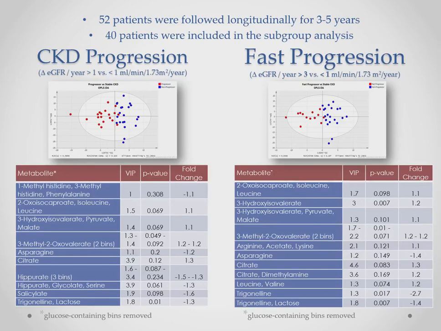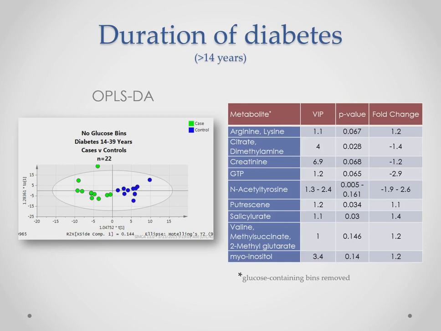So that was interesting. Of course, if we are talking about diabetic nephropathy specifically, then our real control group is patients who have had diabetes for a long time, let's say more than 14 years, but did not develop CKD, and those who did.